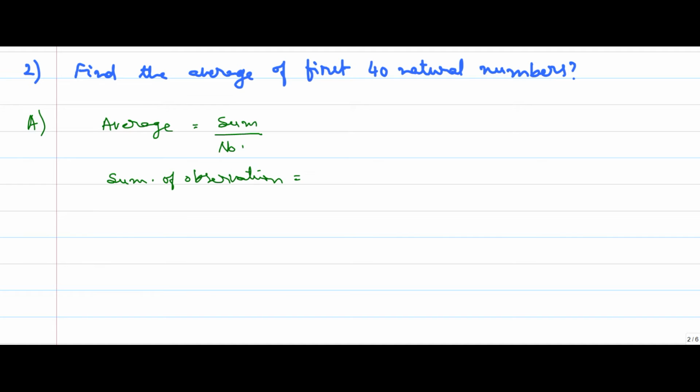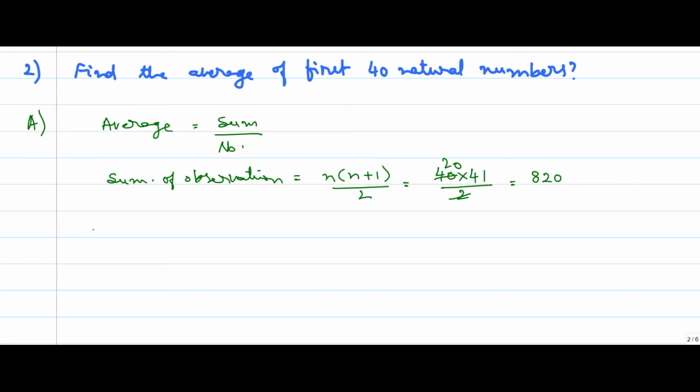According to the formula n into n plus 1 by 2, where n is 40, it will be 40 into 41 by 2, which is 820. So 820 is the sum of observations.